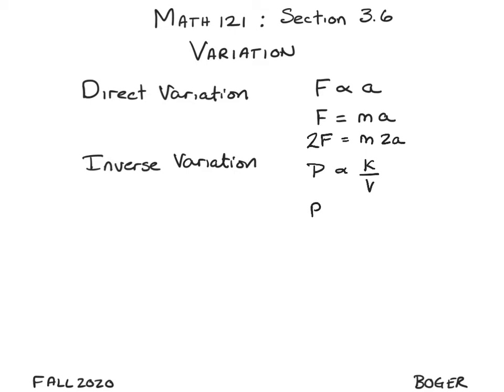I shouldn't have a proportional sign here because I have put the constant in, so I'm going to put an equal sign right there. That is a constant. And again, if I double the volume, so twice the volume, that cuts the pressure in half.